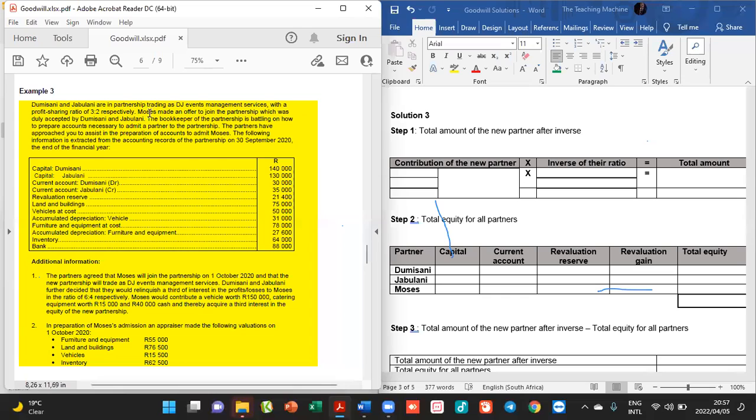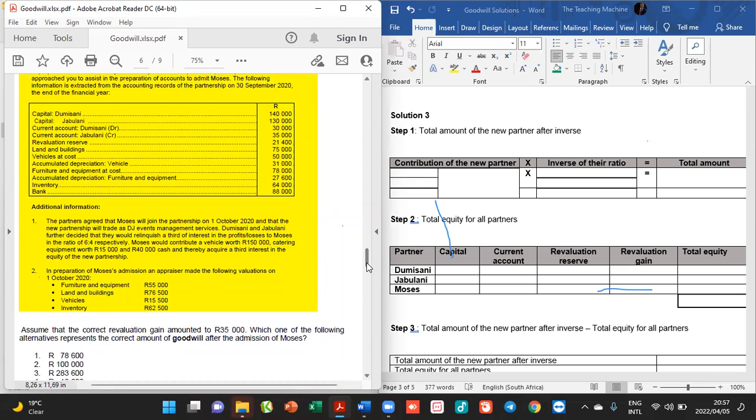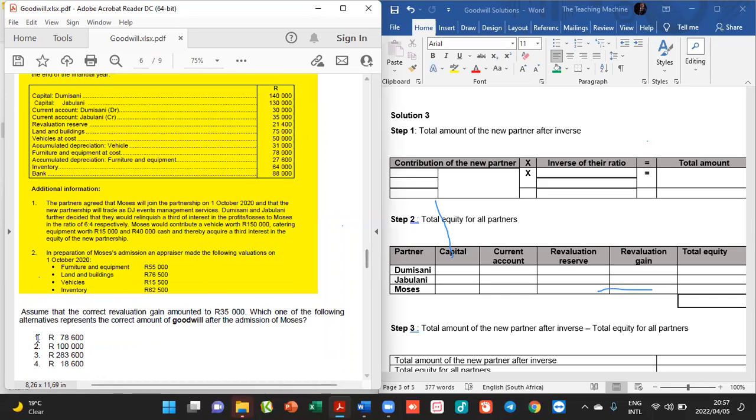Dumisane and Chablana are in partnership trading as DJ. Now, the question says, assume that the correct revaluation amounted to 35,000. Which one of the alternatives represents the correct amount of the goodwill after the admission of Moses?